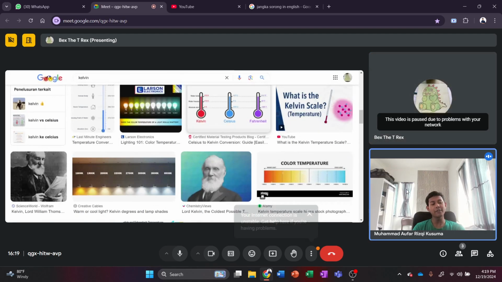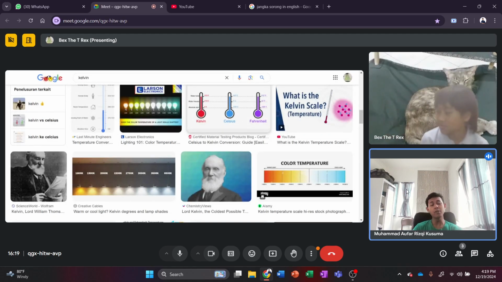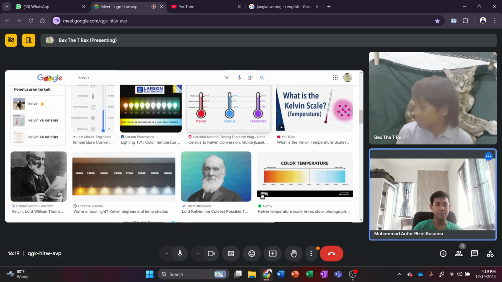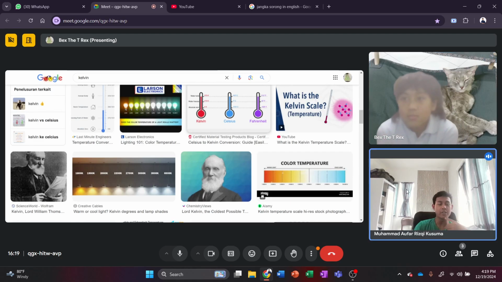That's why fire has a different color for different temperatures. For example, if you light up your stove, what is the color of the fire in the stove? Blue, and red.